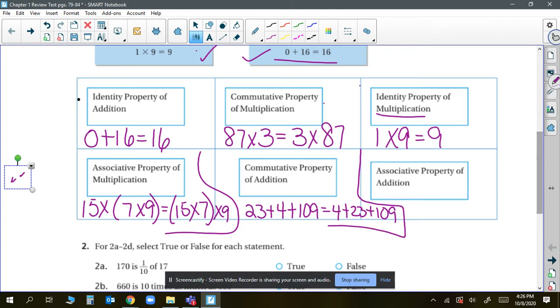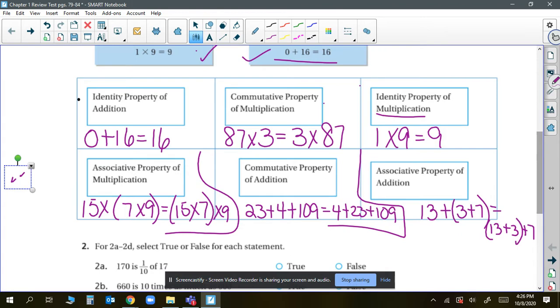All right, and then that leaves us with the last one, which is the associative property of addition. So if we look, we have 13 plus the sum of 3 plus 7, which equals, just put this down here, the sum of 13 plus 3, plus 7.